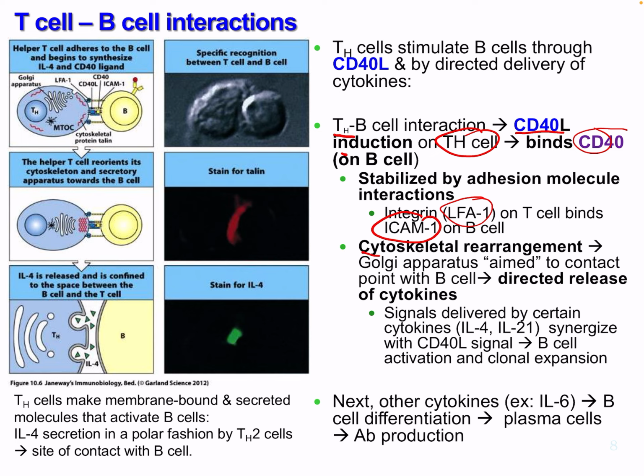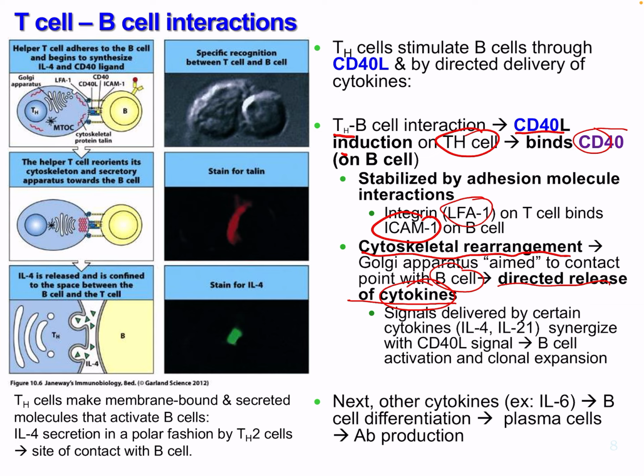We also have cytoskeletal rearrangement, which we saw in our last lecture in T cells. So the Golgi apparatus will be aimed at the contact point with the B cell, and this causes the directed release of cytokines. So instead of our last example where we had directed release of granules to kill a cell, now we have directed release of cytokines to help the B cell differentiate.